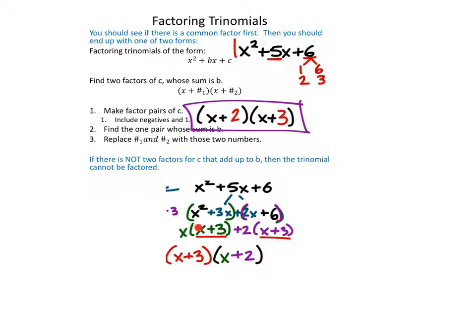Then we factor out the greatest common factor for these two terms, which was x plus 3, a binomial. And we're left with the other binomial, x plus 2. So that's why this works. And you can do it over and over and over again, and the method would work the same. But as soon as we find those two factors for C that add up to the B coefficient, we can just replace those into these two binomials, okay?